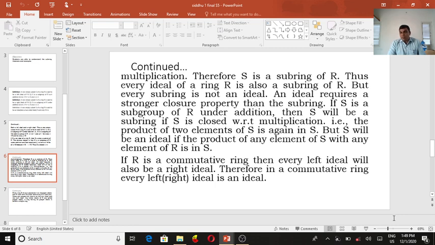If S is a subgroup of R under addition, then S will be a subring if S is closed with respect to multiplication.